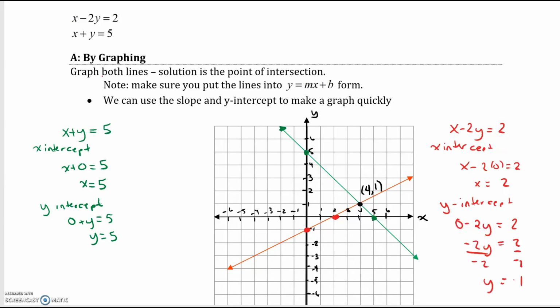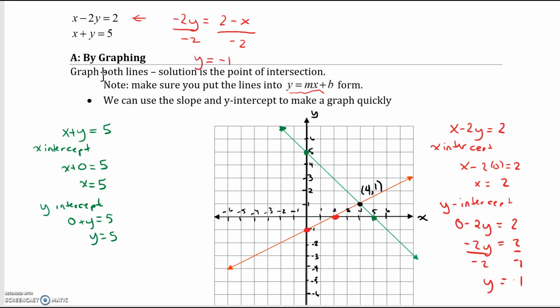Some of you may have experienced graphing equations from the form y equals mx plus b. If we rearrange the equation into the form y equals mx plus b, we would move the x value to the opposite side of the equation, divide both sides by negative 2.